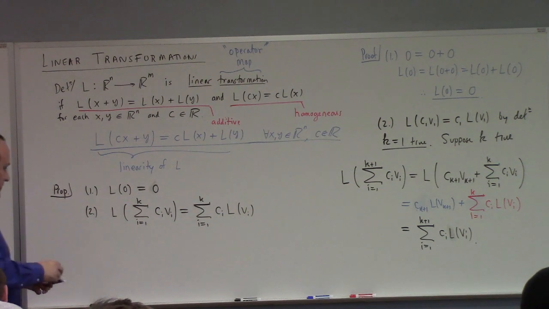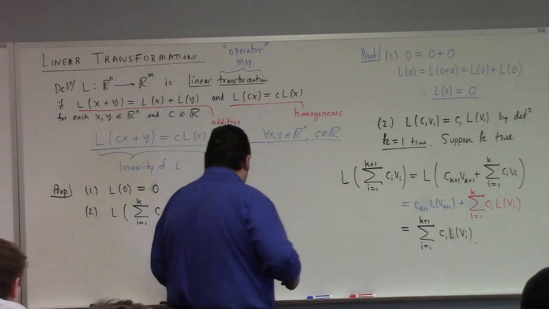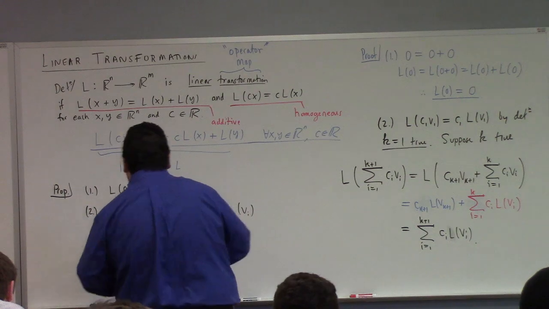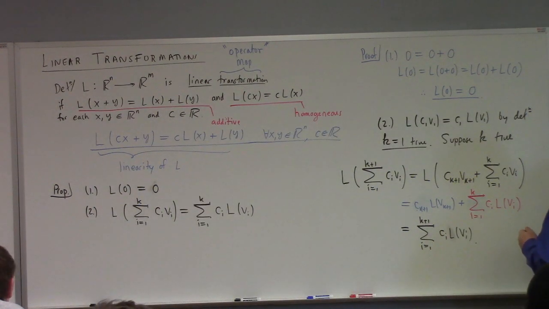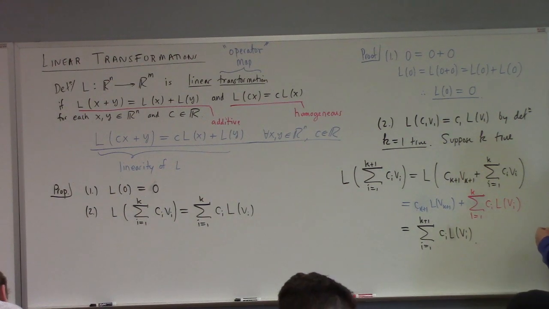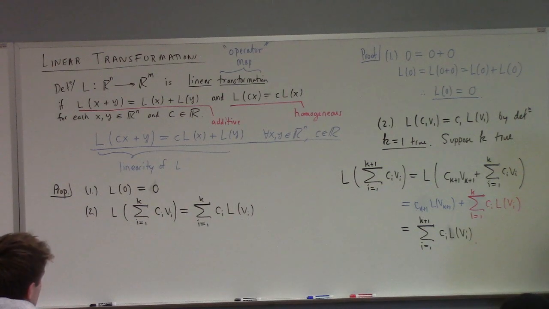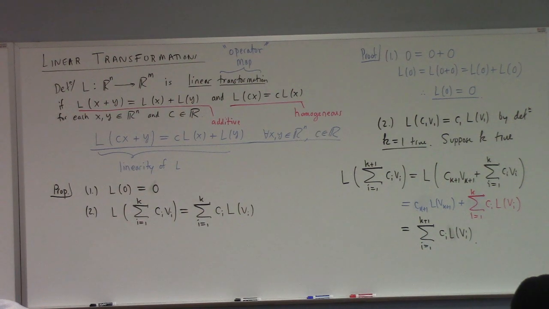Now, if I've lost some of you, I'm sorry about that, but I'll try to make it up to you with example 1, which is not really an example. If I had L of C1 V1 plus C2 V2 plus C3 V3, how can we do that? We could say, well, that's really L of C1 V1 plus L of C2 V2 plus C3 V3, right?